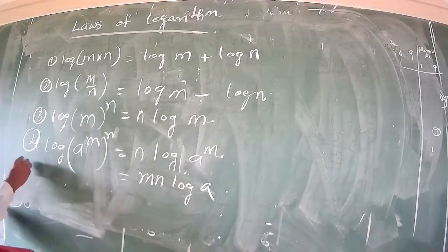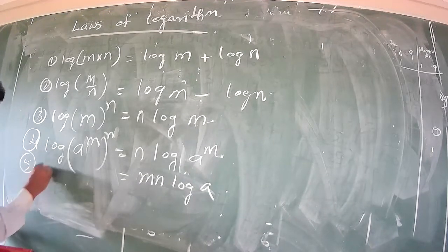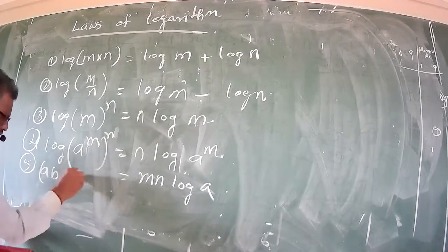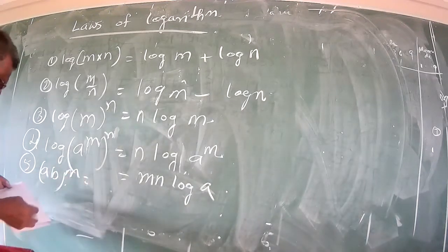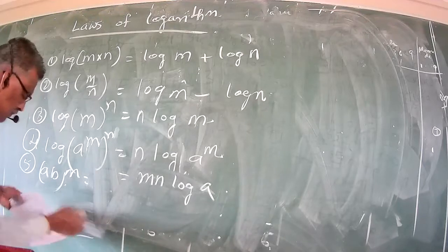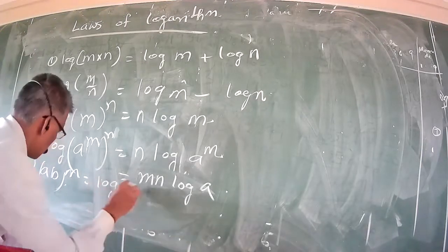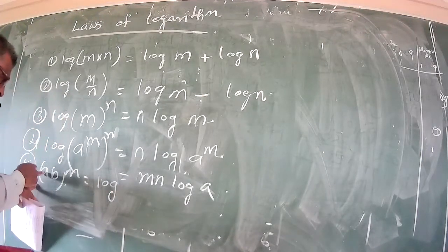Next, the fifth is log of ab whole raised to m.